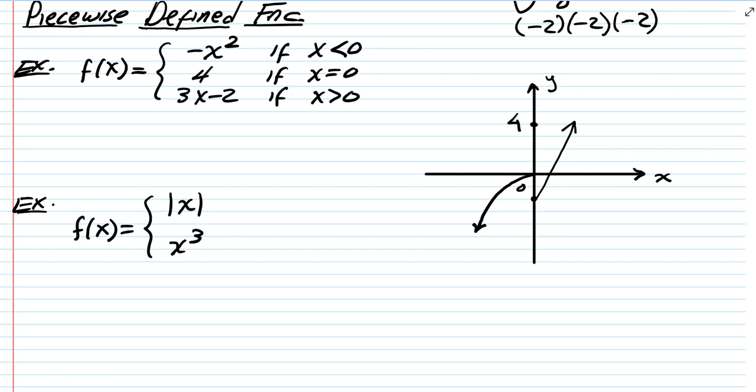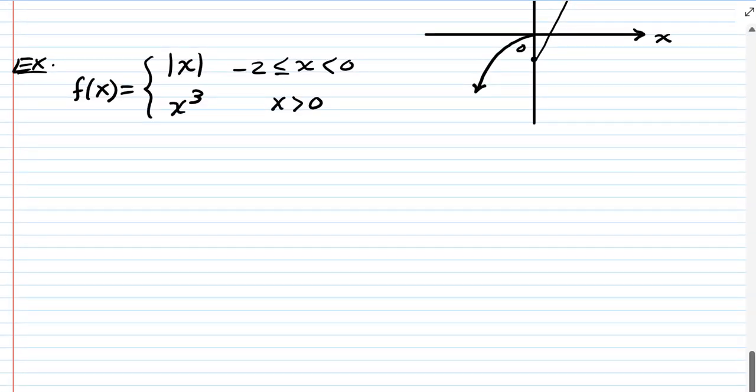Again, both of those are in our library of functions. And this one, I'm going to make it good for x between negative 2 and 0, excluding 0. And x cubed for x greater than 0. Notice 0 isn't a value here. I have not included 0 in there. Okay, let's try this and see what happens.